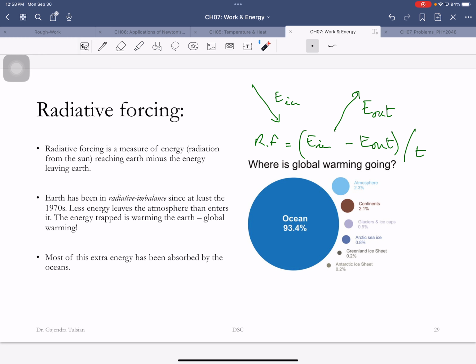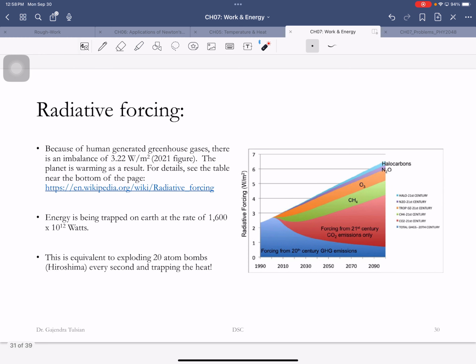And so the radiative forcing is 3.25 watts per meter square. Okay? And that amounts to exploding 20 atom bombs every second and trapping the heat. What's that? That's a lot of heat.